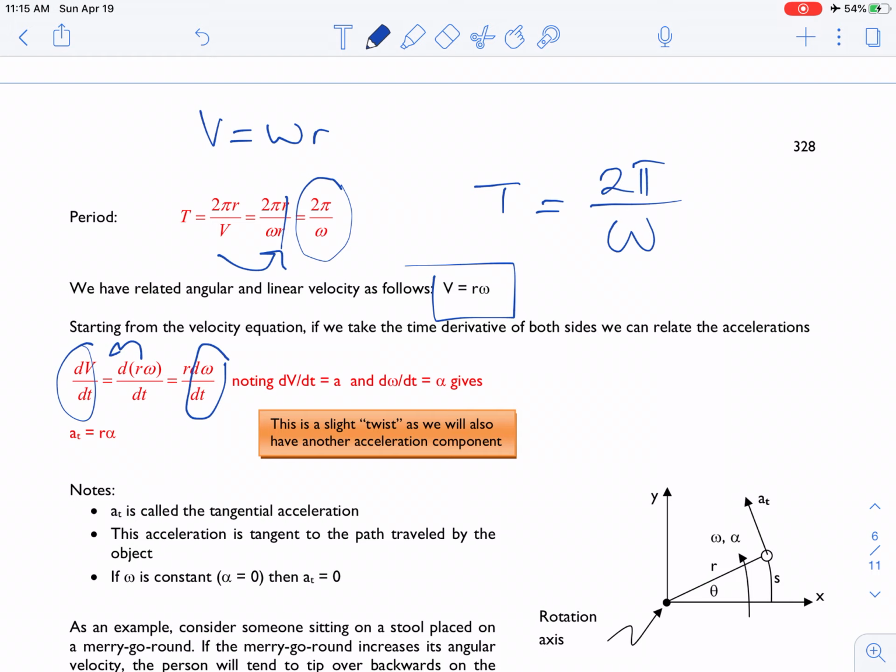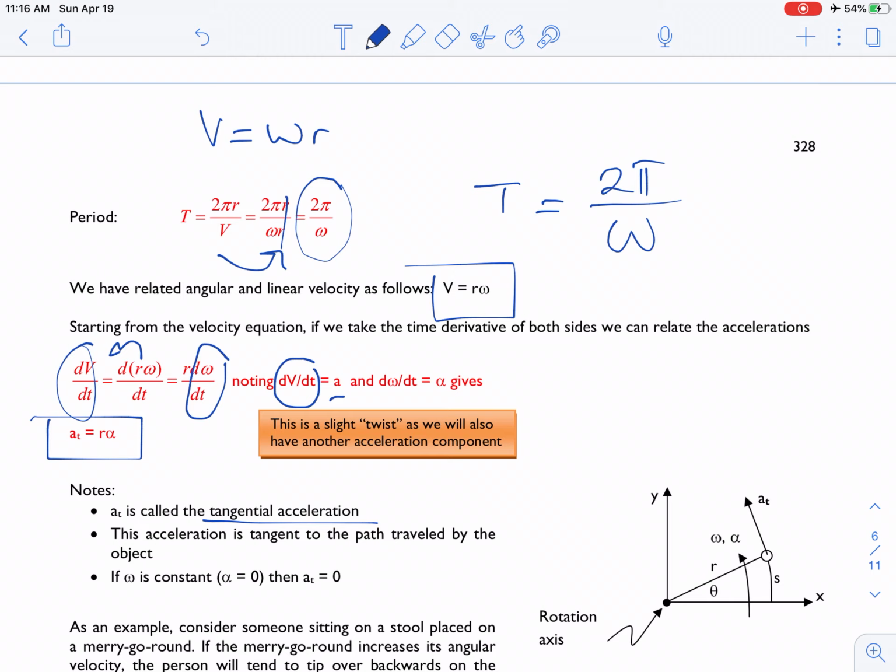It is alpha, and dv over dt is acceleration. Specifically, because we will have more than one linear acceleration, we need to realize that dv over dt is tangential acceleration because it comes from the tangential velocity. So we're going to label this a as a_t, you can see it here, and that t is for tangential acceleration. We will also have radial acceleration, as we will talk about soon.